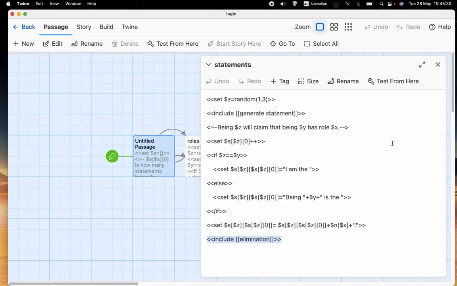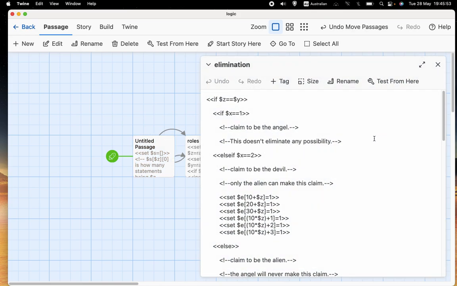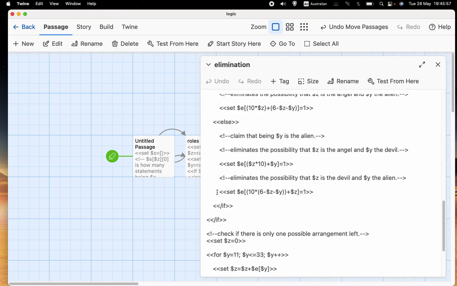And so it has to make sure, that's what E is for, it has to make sure that a person reading these statements and understanding the puzzle can eliminate all possibilities other than a single possibility. And so that's what elimination is for. So we deal with it separately.